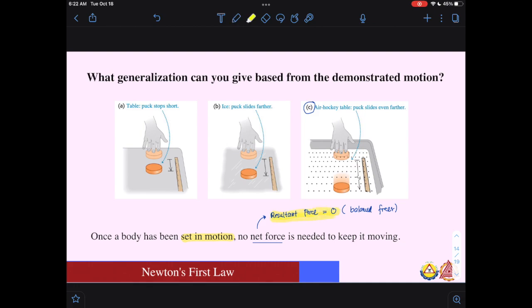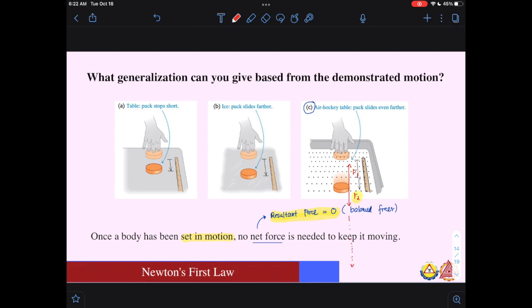Murag kung ang resultant niya, kung ay force diri, padulong dira F1, F2, it doesn't have to be nga mas dako ang F2. Diba? Padulong man ang motion nato diri. It doesn't have to be the case where F2 should be greater than F1. Dili.